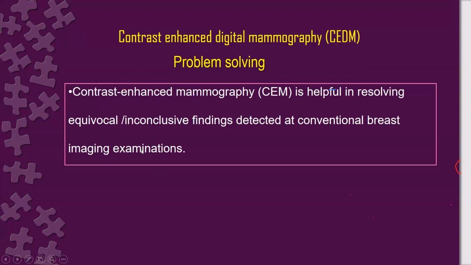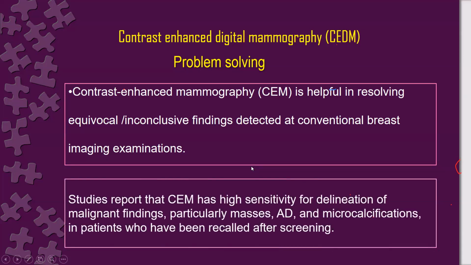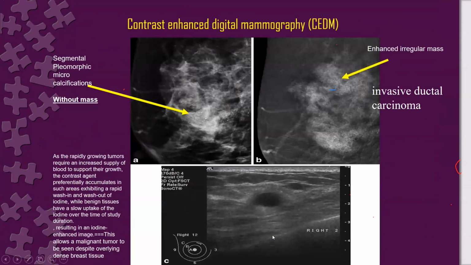So also in problem solving, contrast enhancement is helpful in equivocal or inconclusive findings detected at conventional imaging examination, and studies report high sensitivity for delineation of malignant findings, particularly masses, distortion or calcification in patients recalled from screening.